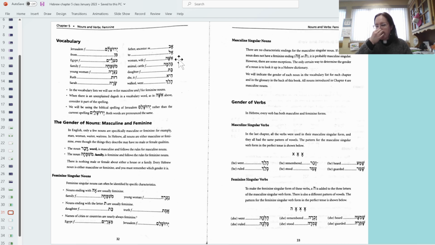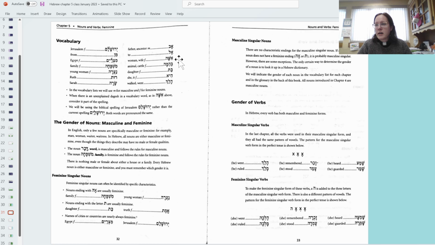It's the biblical spelling versus how it's currently spelled. In English, only a few nouns are specifically masculine or feminine. For example, man, woman, waiter, waitress. In Hebrew, all nouns are either masculine or feminine, even though the things they describe may have no male or female qualities.